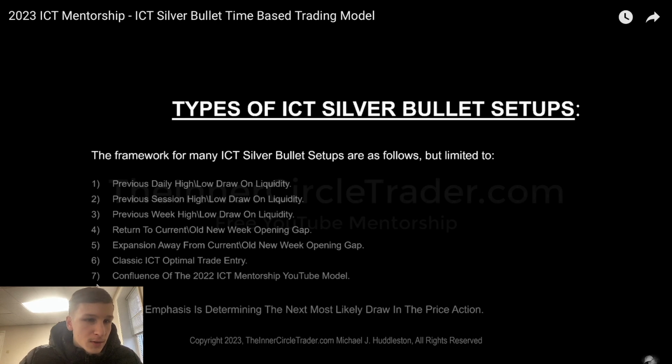So don't even look at these 2 to 7 right now and just look at number 1. If you just limit your trading to one of these 7, that's all you need. All you need is higher time frame narrative, confluence, and then you key in on the specific framework within the silver bullet, and boom, you're on your way. All you need is consistency, discipline, and risk management.